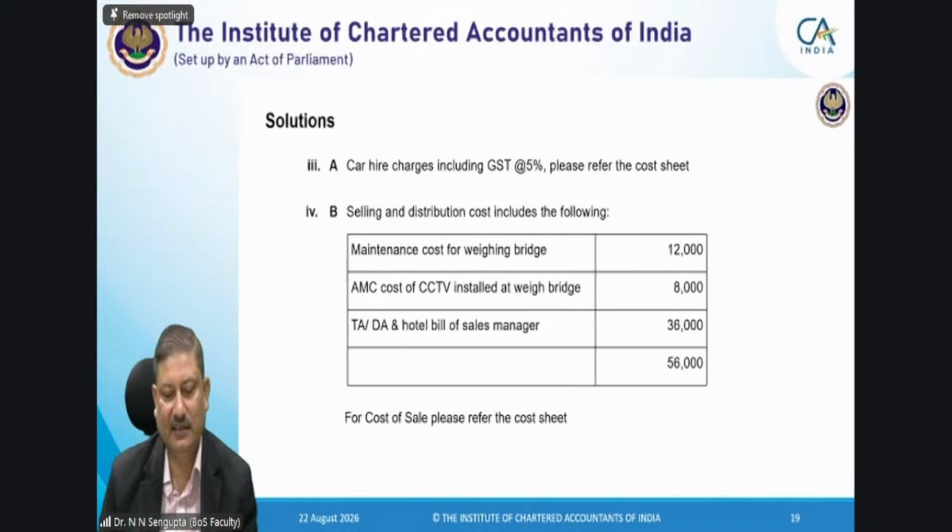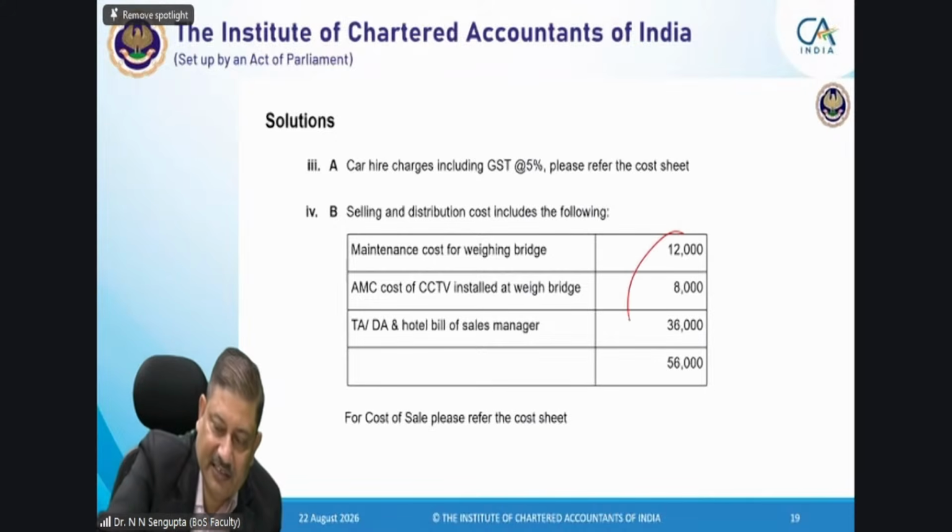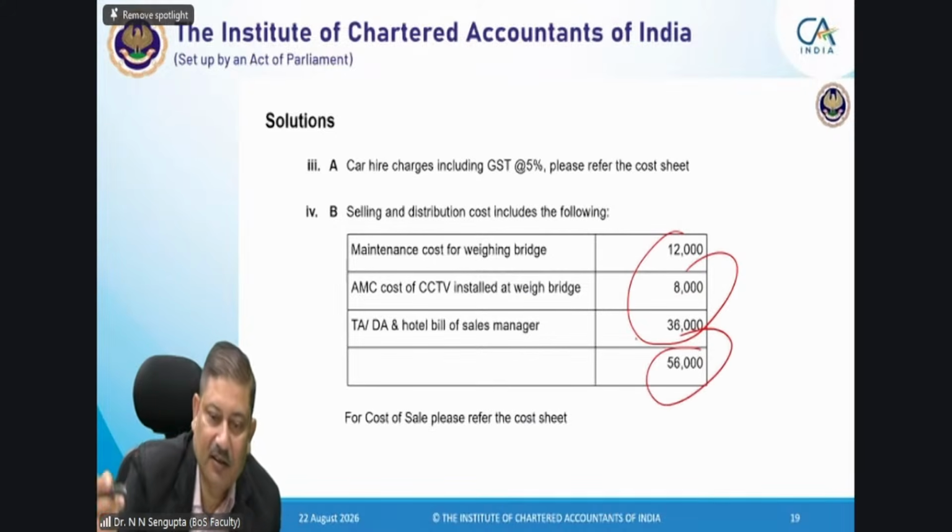That is the cost of sales. Cost of sales we will get from the cost sheet, and selling and distribution will include maintenance, AMC cost of the CCTV, TADA. If you include these three, then you will get the selling and distribution.